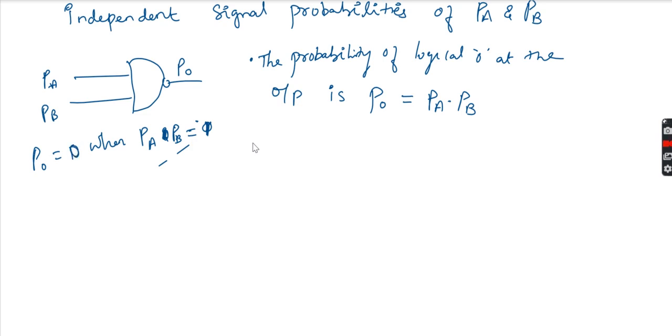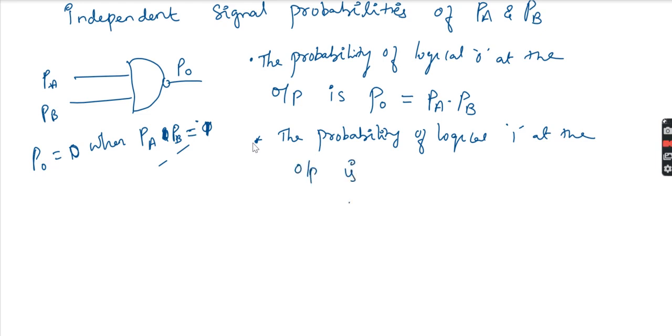In the same way, the probability of logical 1 at the output is P1. P1 will be equal to 1 minus P0, that is, 1 minus PA PB.